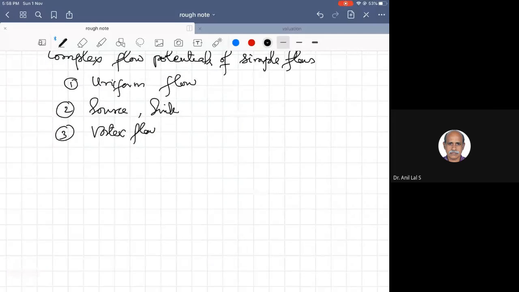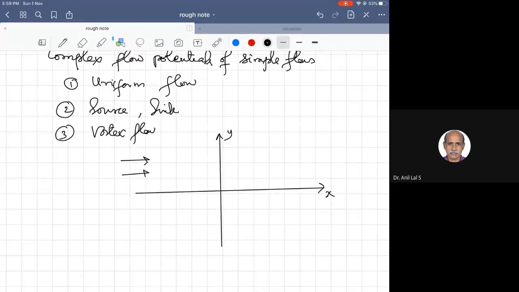And uniform flow. So for uniform flow, let us first consider a flow. Okay, this is a uniform flow, right?